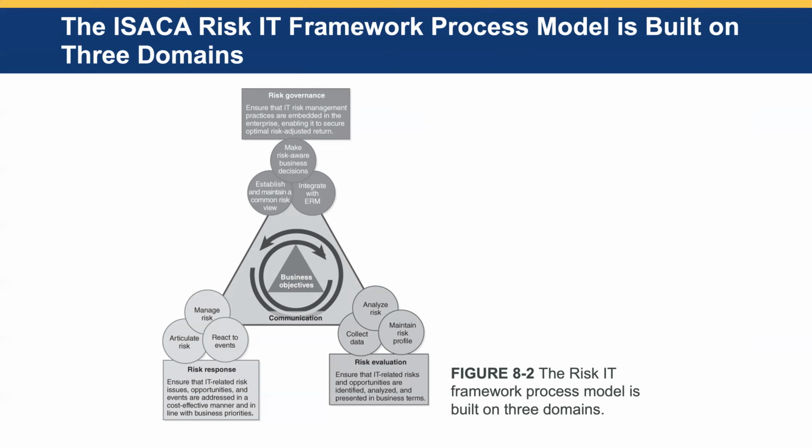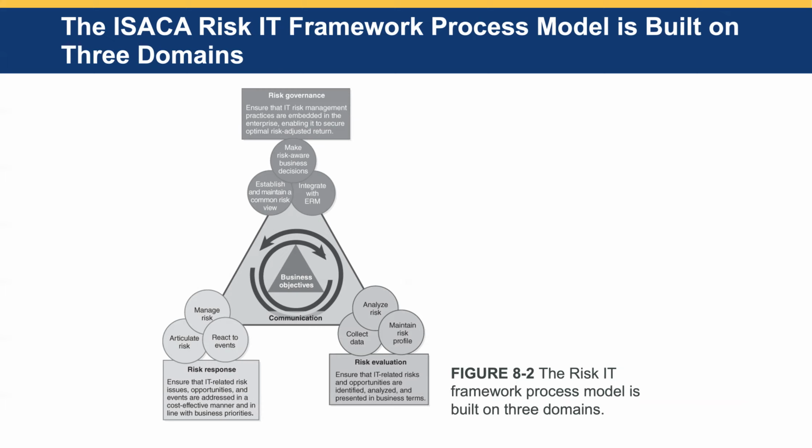They are based on the domains of risk governance, meaning that we want to ensure that the domain provides the business view and context for risk. This means that we need to make risk-aware business decisions. We need to be able to establish and maintain a common risk view and integrate with our ERM.